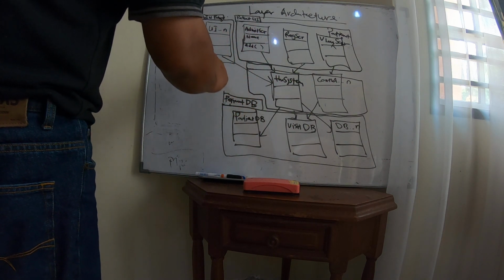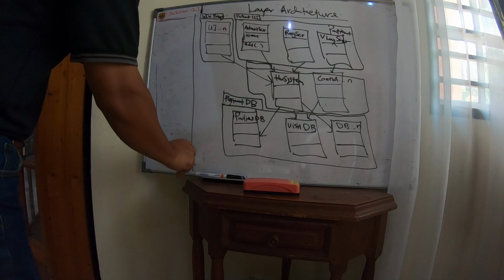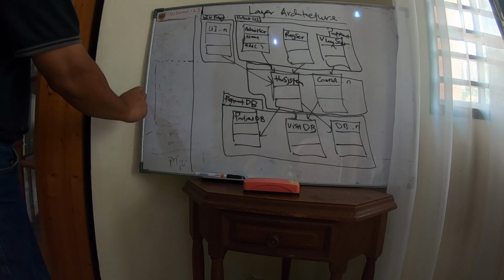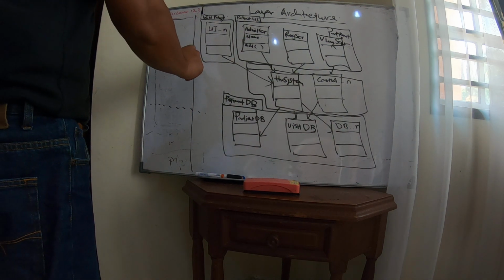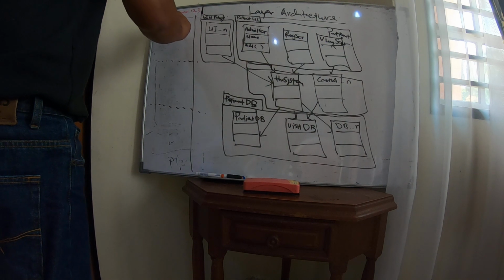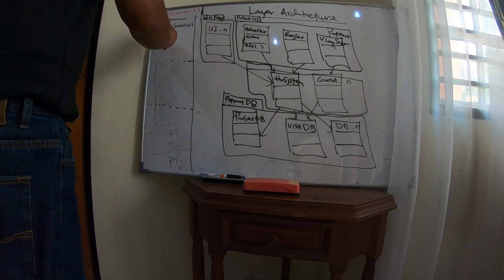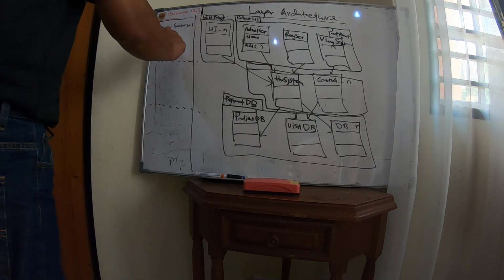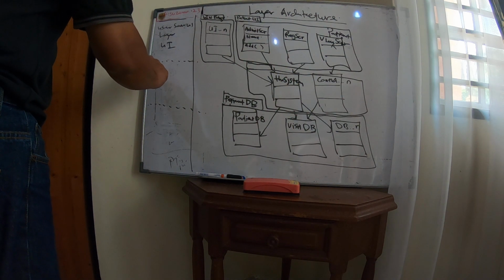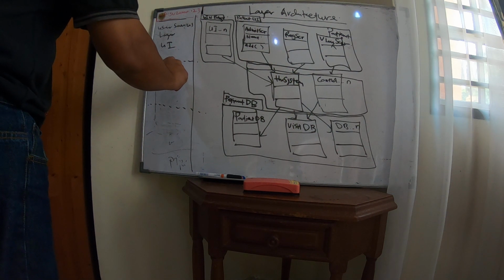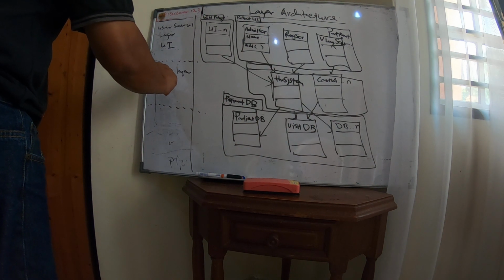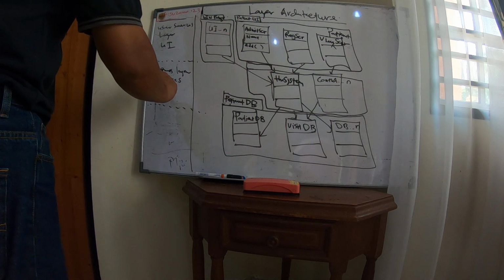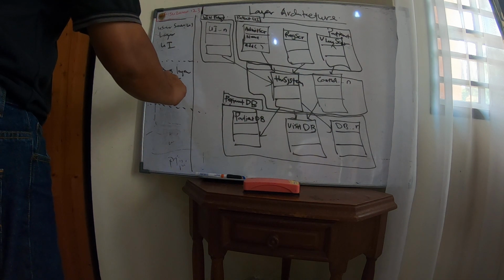So this is when you divide the layers, so we have three layers. This is the user service layer, where we call it user interface. And this is the business layer, we call it the BL package.